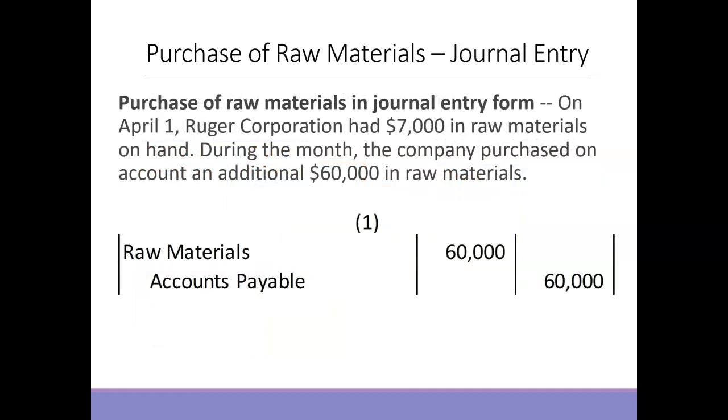So the purchase of raw materials in journal entry form: on April 1st, Ruger had $7,000 in raw materials on hand. During the month, the company purchased an additional $60,000 of raw materials. You see, we debit the inventory account raw materials and we credit our payable.